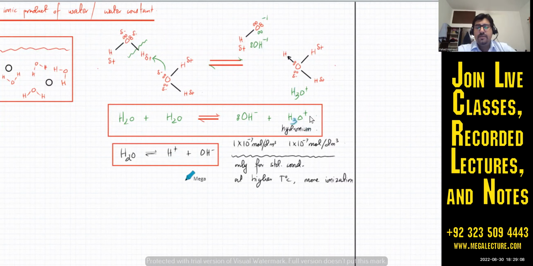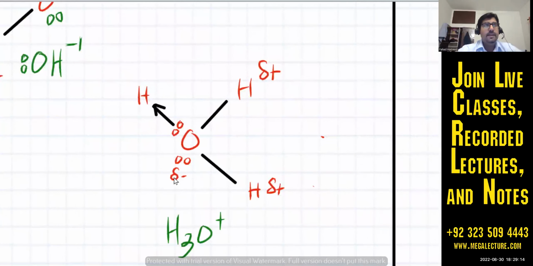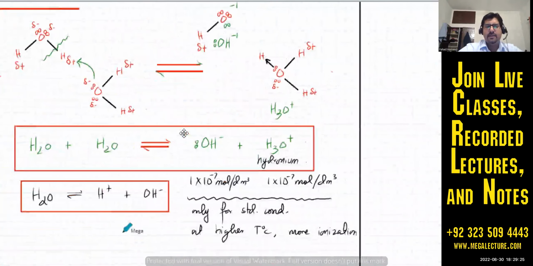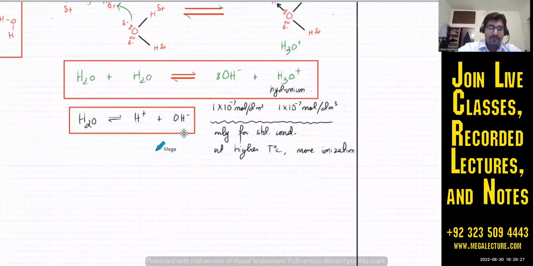The hydronium ion is actually the thing that you call H plus aqueous. Because H plus is never actually going to be aqueous; if you add H plus to water, the H plus will get attracted to the lone pairs of water. So inside water you don't actually have H plus ions. What you have is the hydronium ion. So this is an equivalent simplified version of the same reaction.